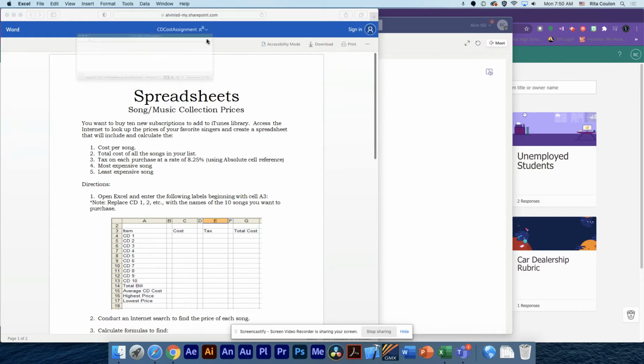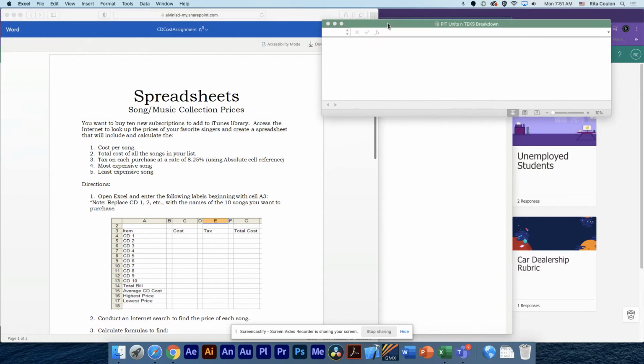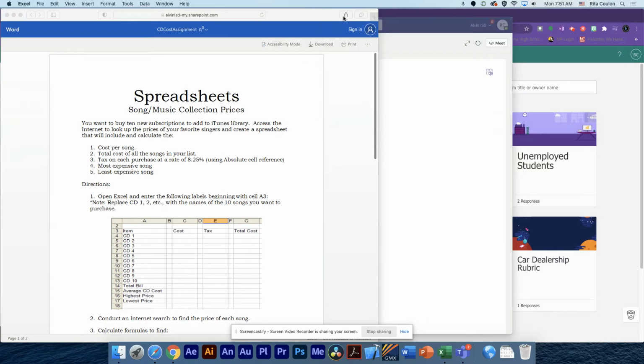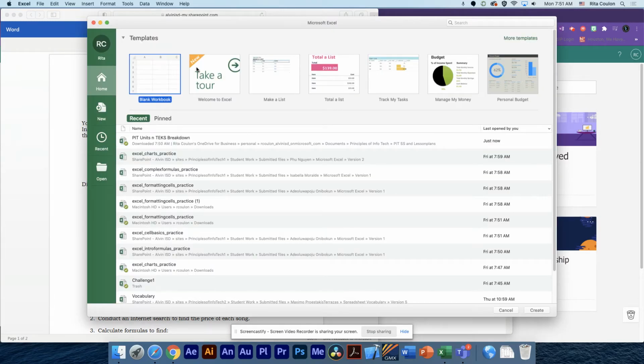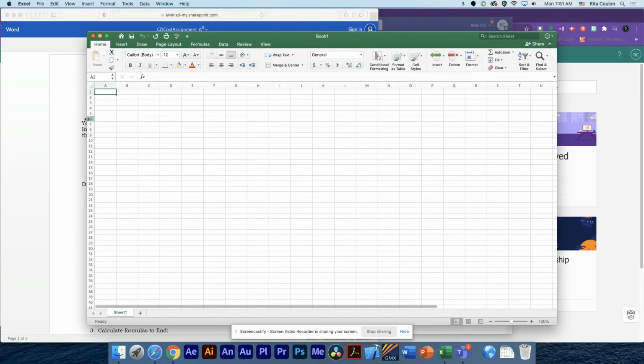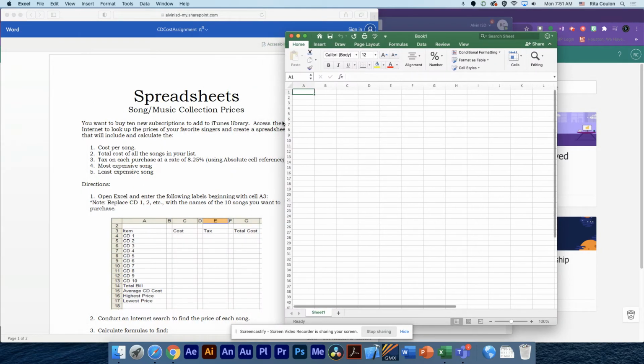I said a new one, I said blank, create. There we go. So we're going to set it up just like the picture. I'm going to start in 1, and we're going to put item, cost, tax, and total cost.